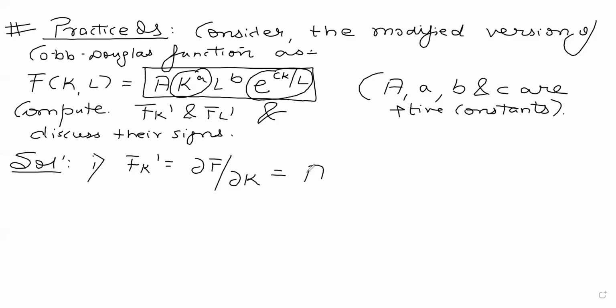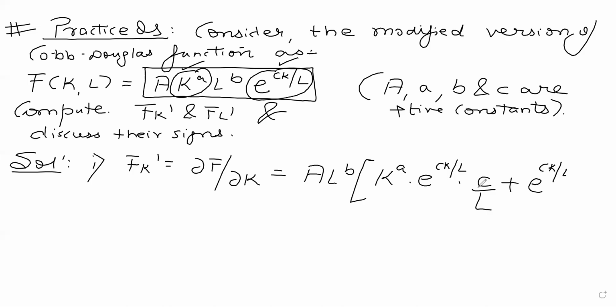So it's going to be A L to the power b. I applied the product rule in this term and this term. So k to the power a times e to the power ck by l times the derivative of ck by l with respect to k, which will be c by l, plus e to the power ck by l times k to the power a's derivative with respect to k, which is a k to the power a minus 1.